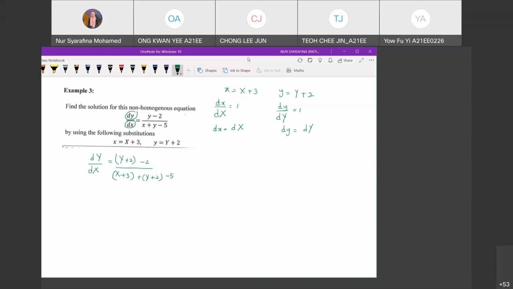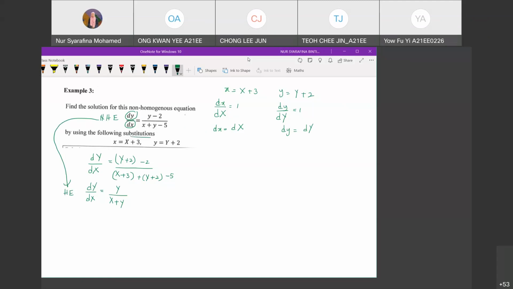So this is a homogeneous equation already, okay, by right. You can show whether this is homogeneous or not by using the definition of the homogeneity condition, where f(lambda x, lambda y) equals f(x, y). Okay, is that clear? So this is how you reduce non-homogeneous to homogeneous by using substitution.